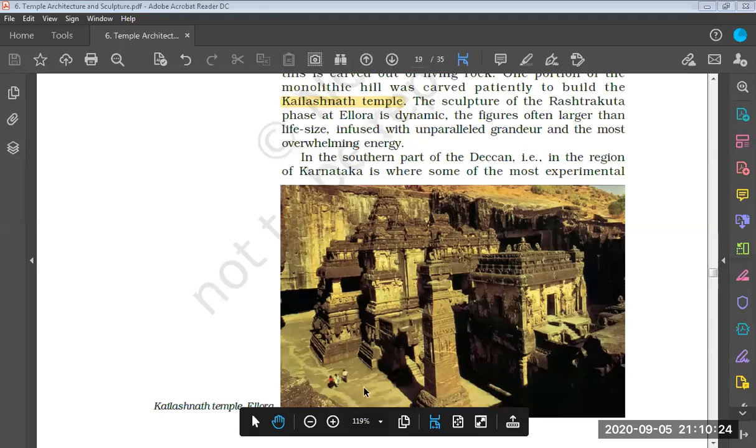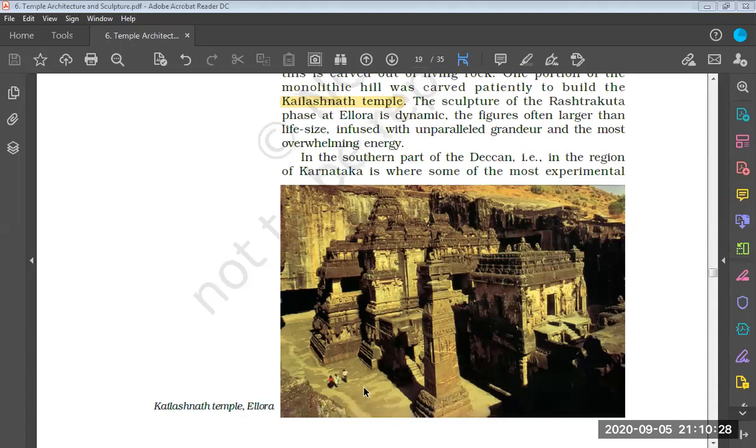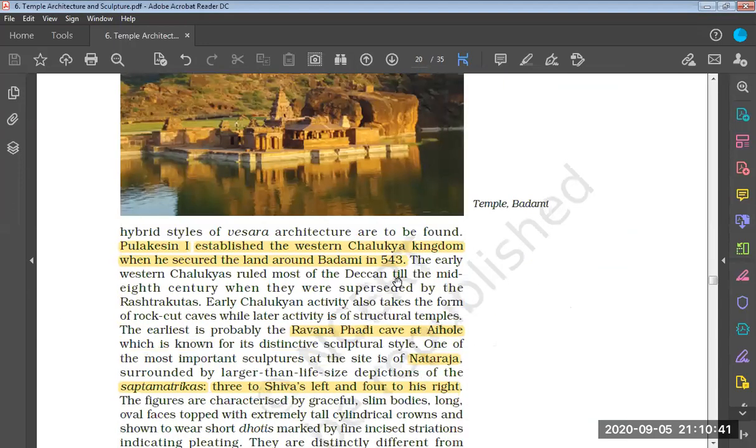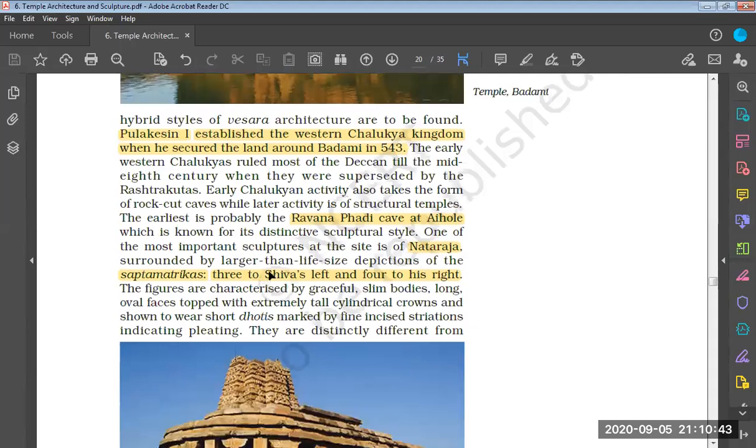Pulakeshin I established the early Western Chalukya kingdom when he secured the land around Badami in 543. The early Western Chalukyas ruled most of the Deccan till the mid 8th century, when they were superseded by the Rashtrakutas.